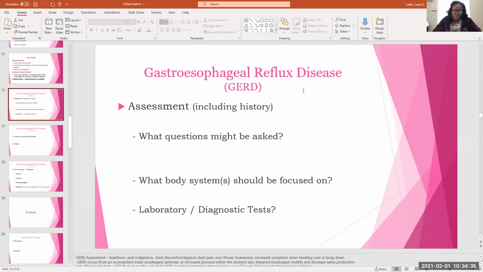Skin turgor. Skin turgor is only as good as the elasticity of the skin. In elderly, it's not very good, right? So you're going to look at things like mucous membranes, their tongue, is it tacky? Are they dry?